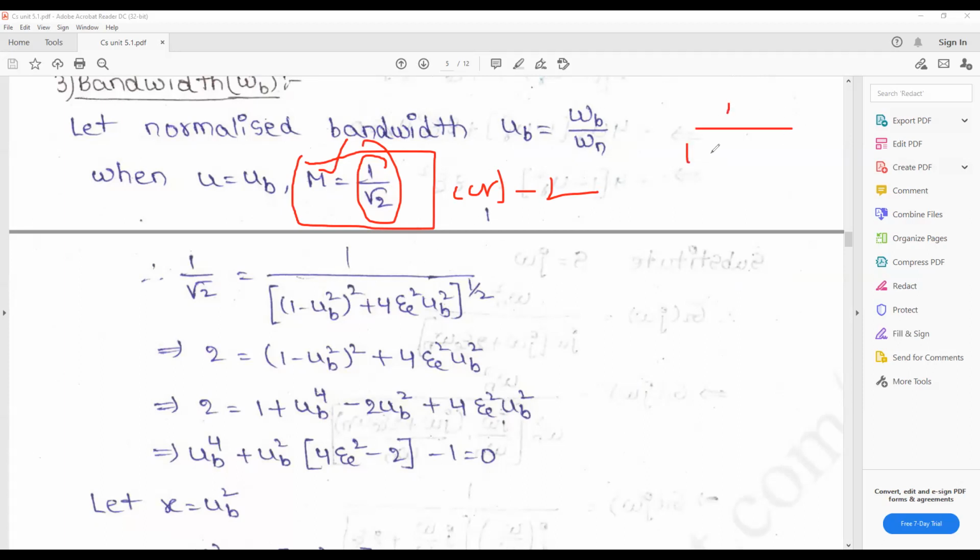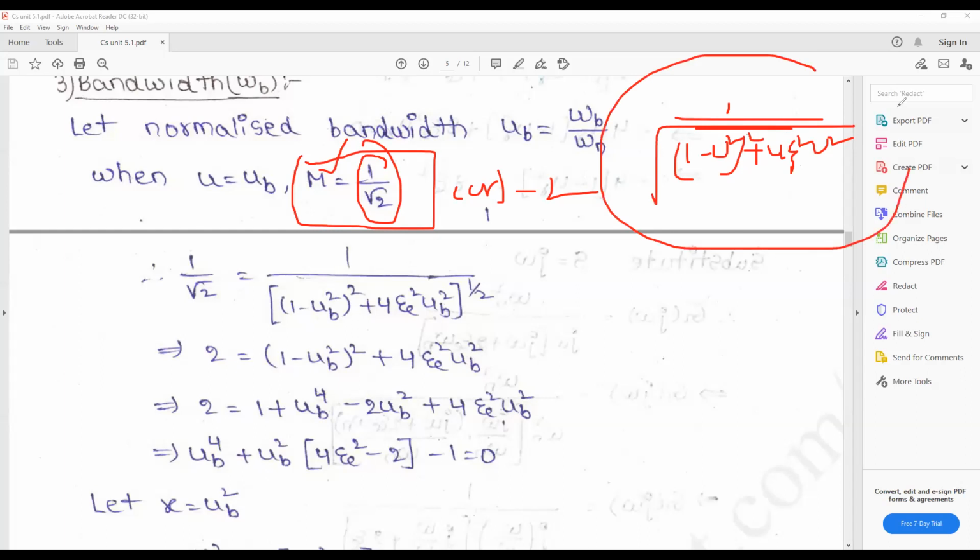1 by square root of (1 minus u square) whole square plus 4 neta square u square. This is the magnitude.